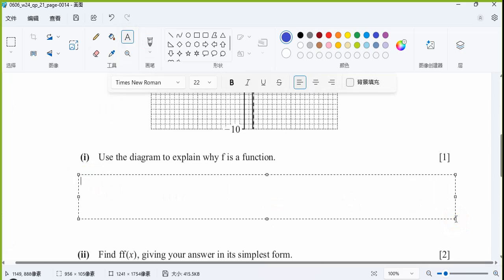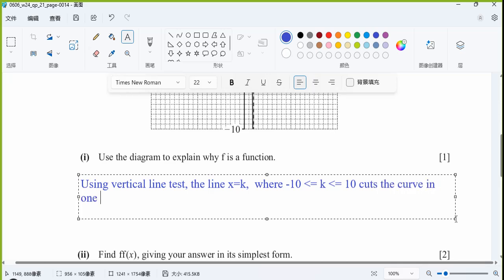So using the vertical line test, the line x equal to a constant k, where negative 10 is less than or equal to k and k is less than or equal to 10, cuts the curve in one point only.